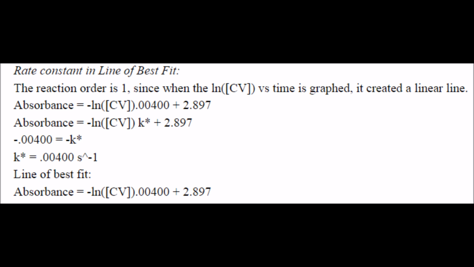This is because the negative slope of the equation for the line of best fit equals the pseudo rate constant. Therefore, from this calculation, it is seen that the pseudo rate constant is k star equals 0.00400 seconds to the negative first. The units for this are seconds to the negative first power, since this will ensure that the unit for the rate is micromolar per second.